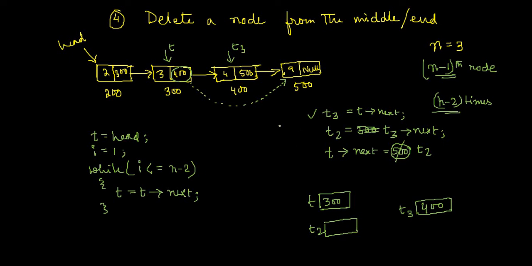Fine. Now when T2 is equal to T3 next, what does it mean? What is T3? T3 is pointing to this one. Next means this address. So that means now T2 contains 500. So that means T2 is pointing to this node. And this is what I wanted, because I want to connect T next with T2.